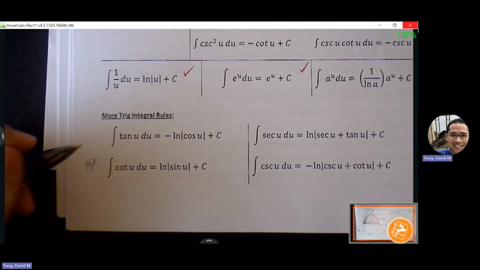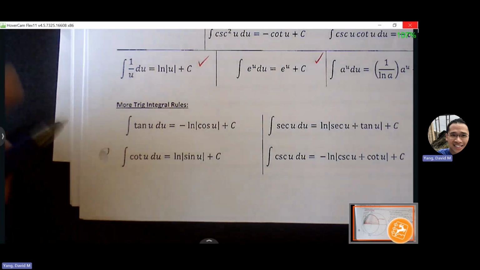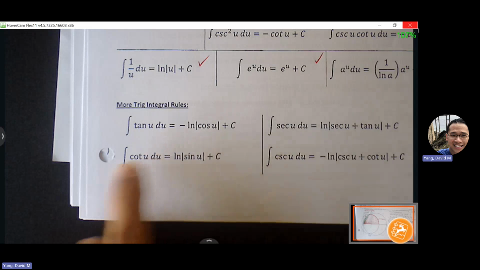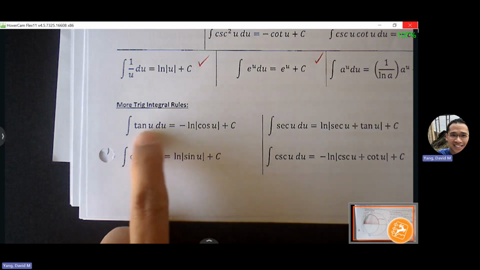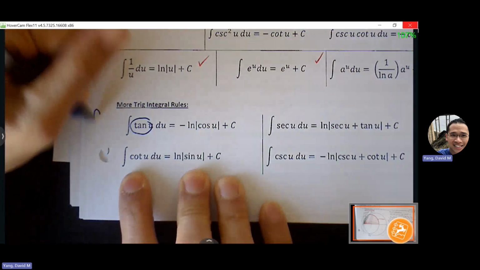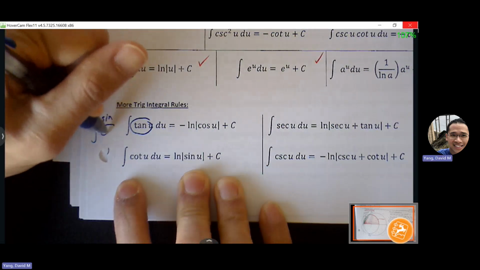Next up is tangent and cotangent. Tangent is negative natural log of cosine of u plus c, and cotangent is natural log of sine of u plus c. The way I remember tangent and cotangent is I know that tangent can be rewritten as sine over cosine.